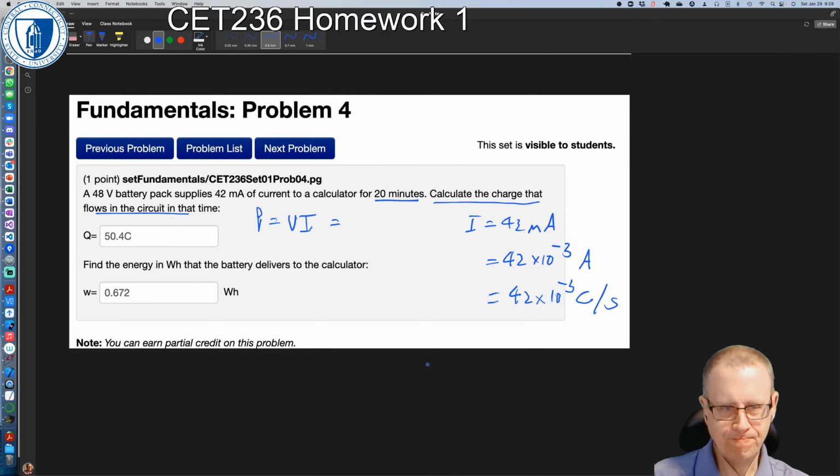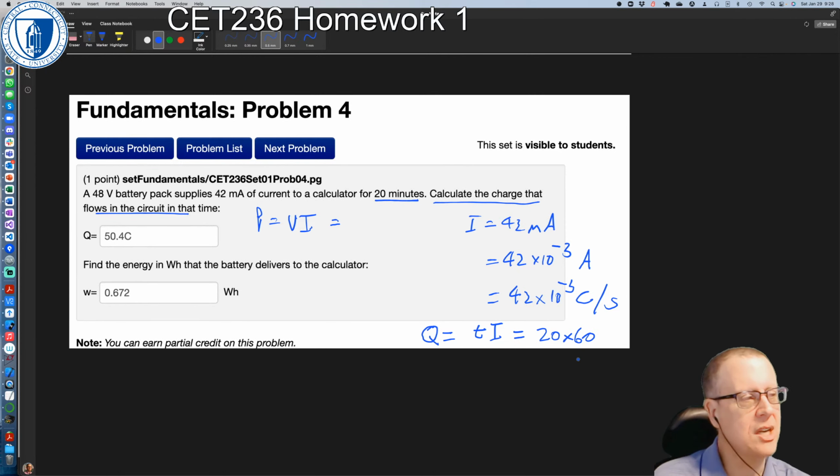So to get the coulombs, so Q is usually the charge, then you just need to multiply, in this case, the time in seconds times the current. And the time in seconds is 20 times 60, 20 minutes, 60 seconds per minute, and then times our current, which is 42 by 10 to the minus 3.